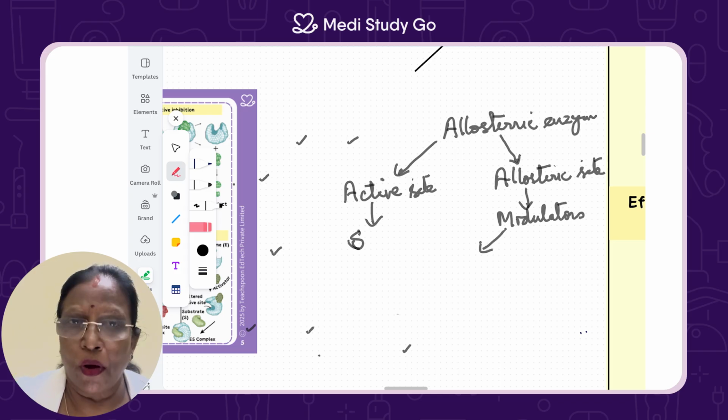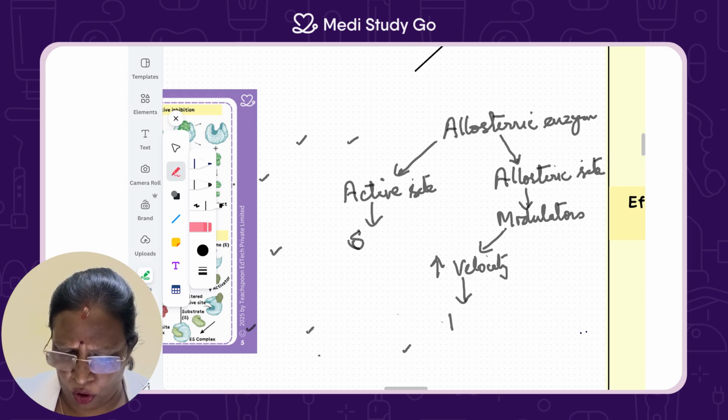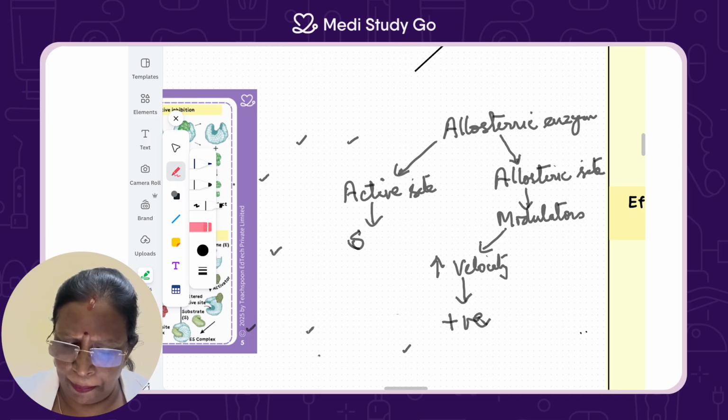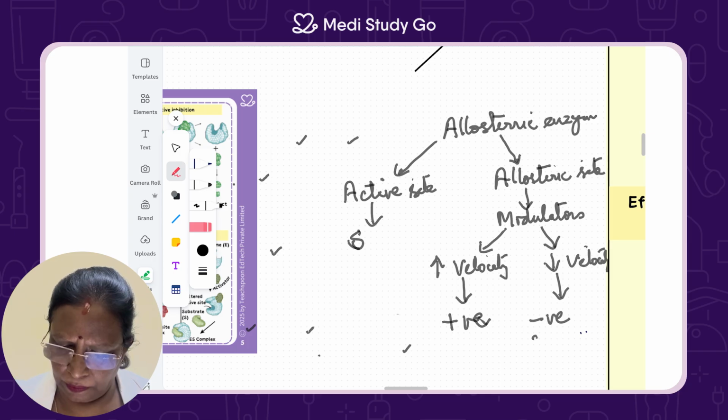The first type, on binding to the allosteric site, will increase the velocity of the reaction. Such modulators are called positive modulators. The second type, when they bind to the allosteric site, decrease the velocity of the reaction. So they are called negative modulators.